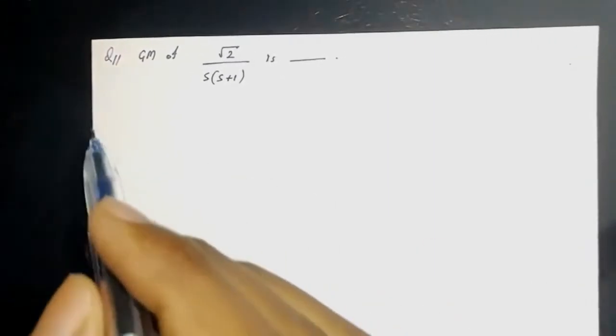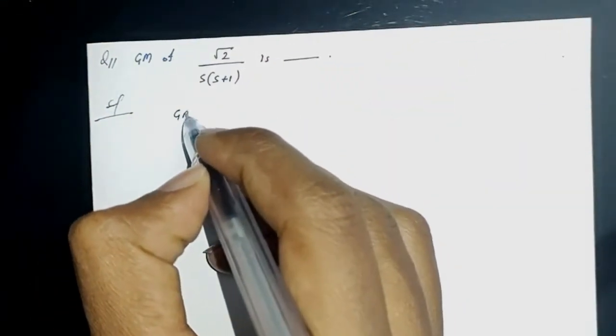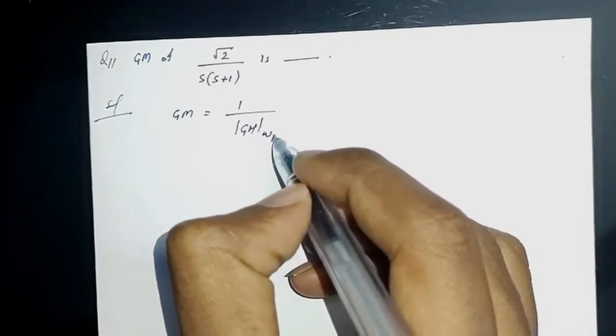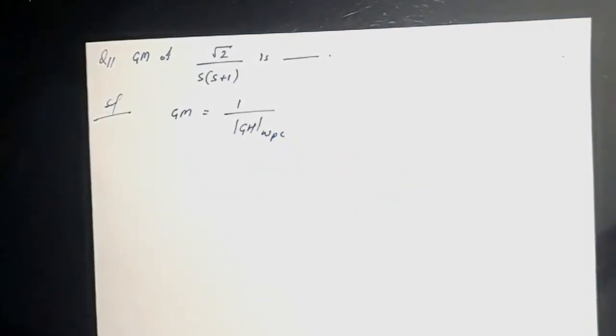Now this is the question. We have to calculate the gain margin of the system whose response is this one. So moving to the solution, we know that gain margin is equal to 1 divided by the magnitude of system response at phase crossover frequency.